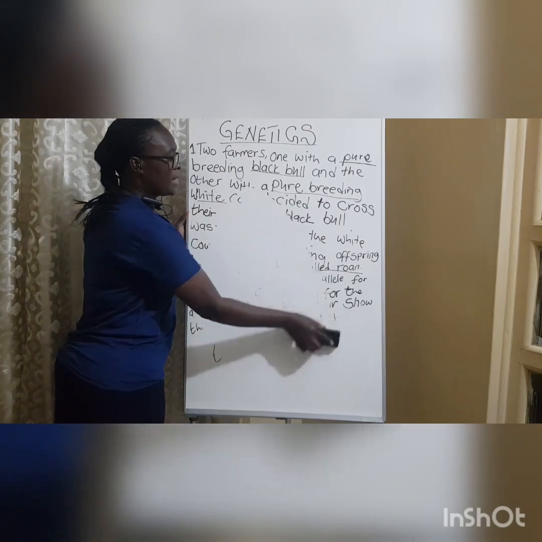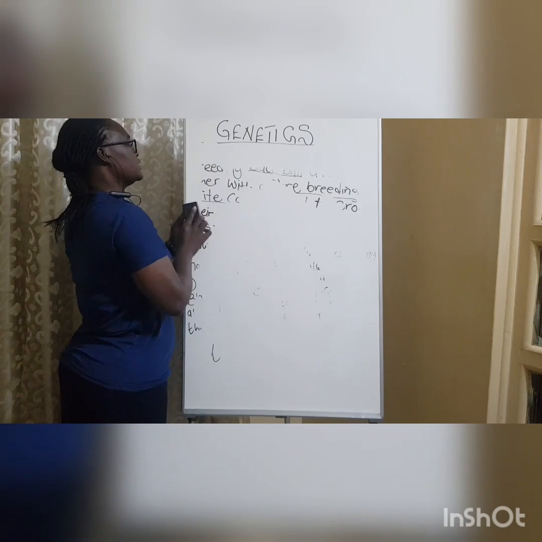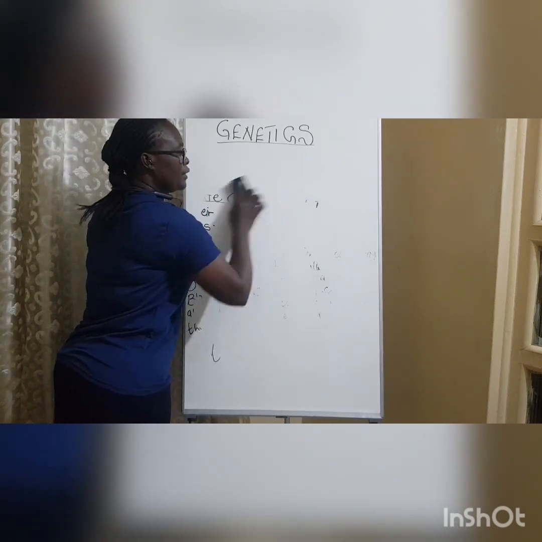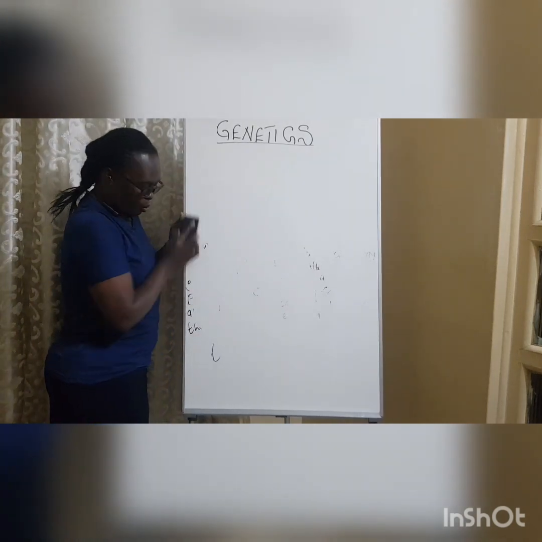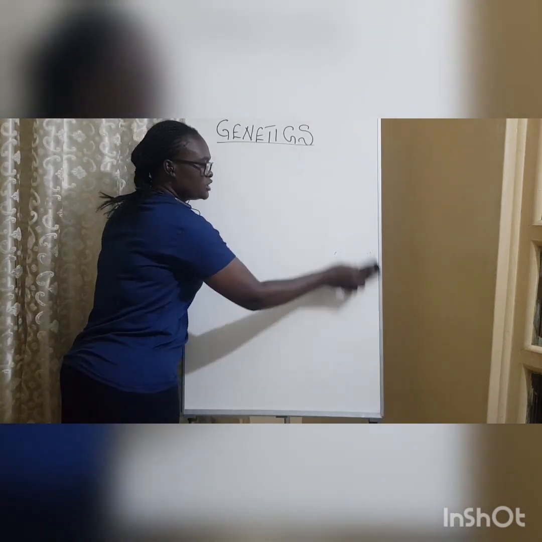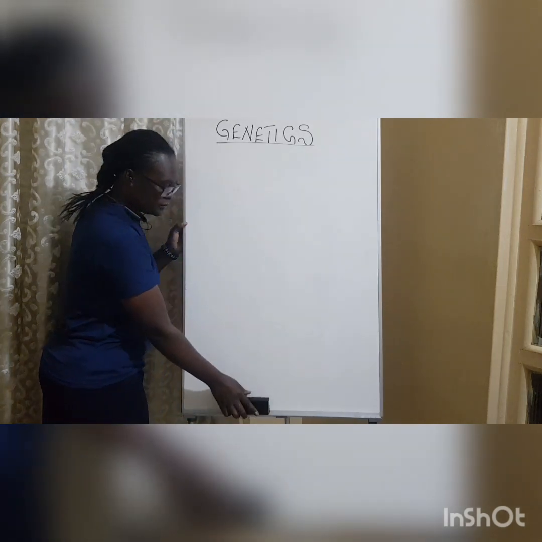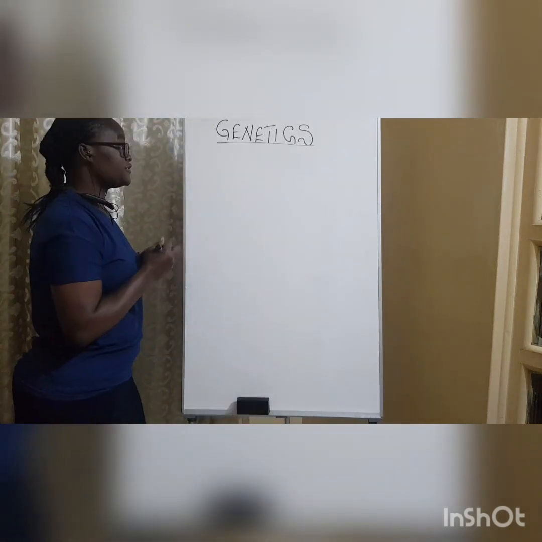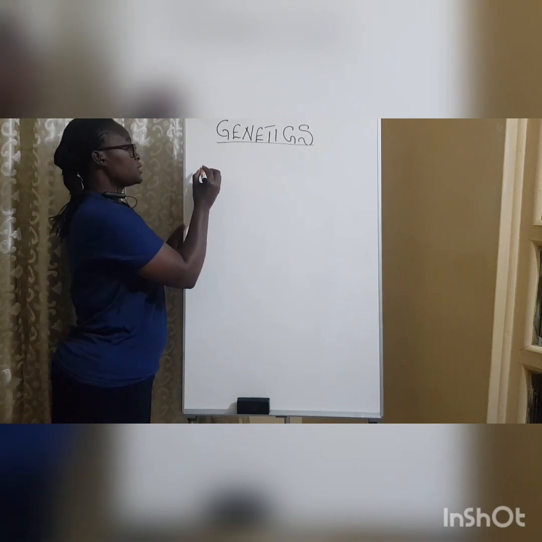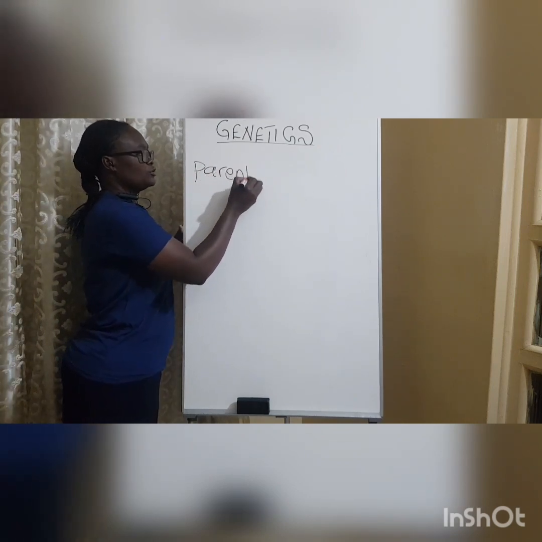So that's what we're going to do next. We just rub, since the board is small, so that we do the diagram. Now, when doing the diagram, there are certain rules that you need to follow that you don't need to forget. First things first, the first thing is parental phenotype.